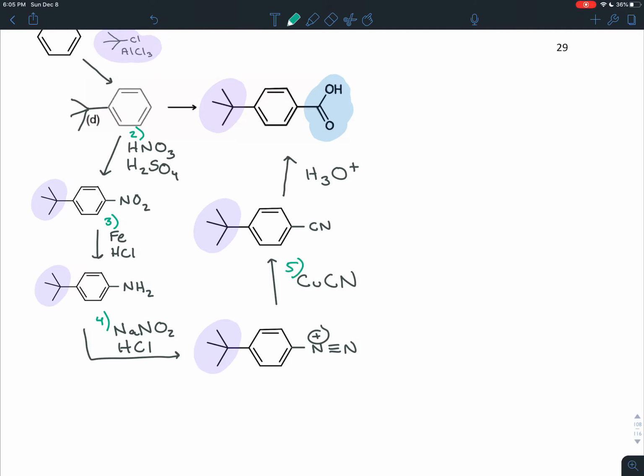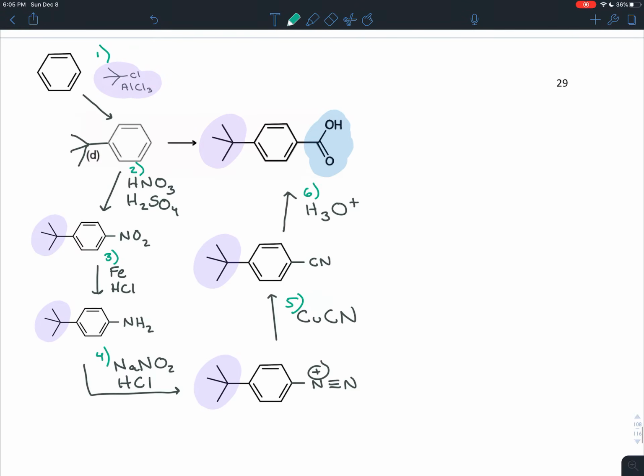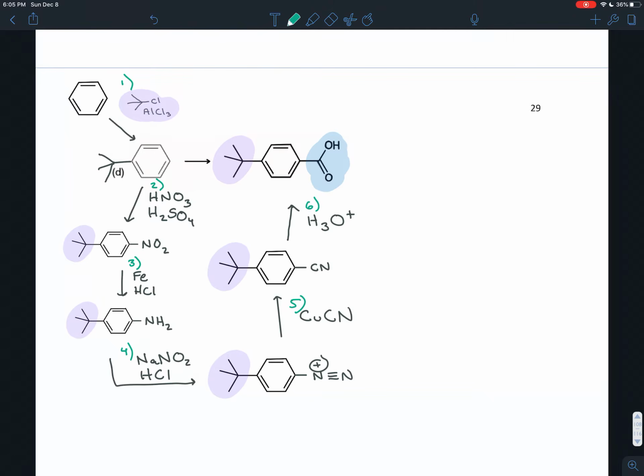Then we do the Sandmeyer reaction to replace the diazonium ion with a cyano group. And then we hydrolyze the cyano group to get the carboxylic acid. And that would be an efficient synthesis for making this transformation, starting with pure benzene and getting this para-tert-butyl benzoic acid.